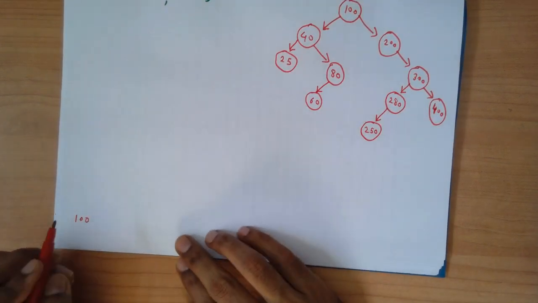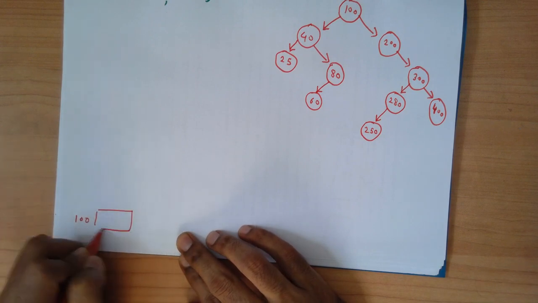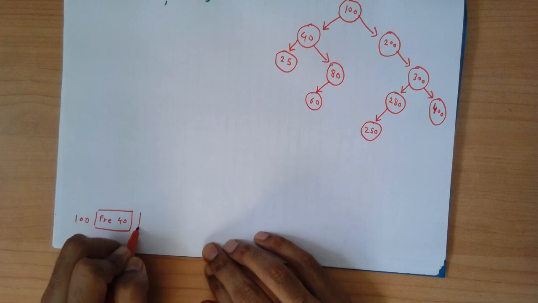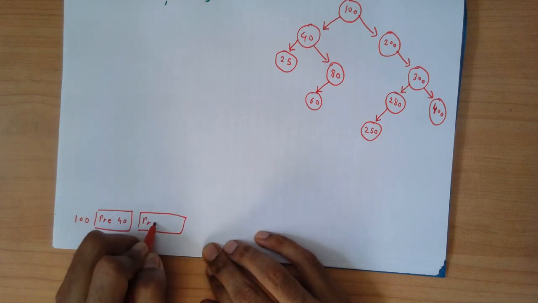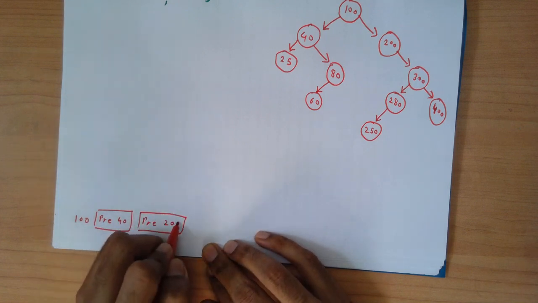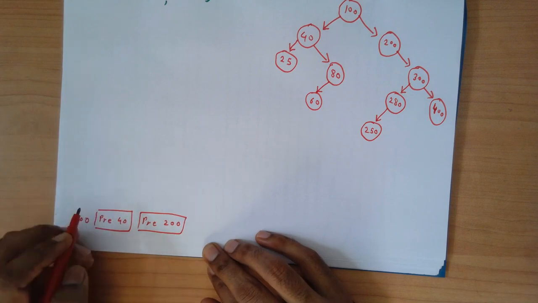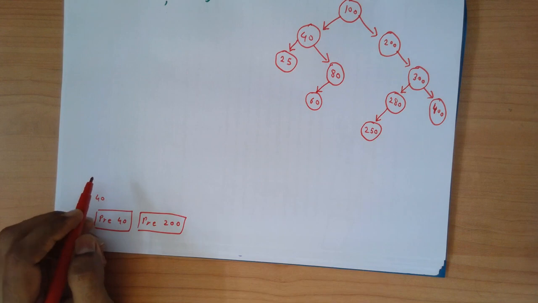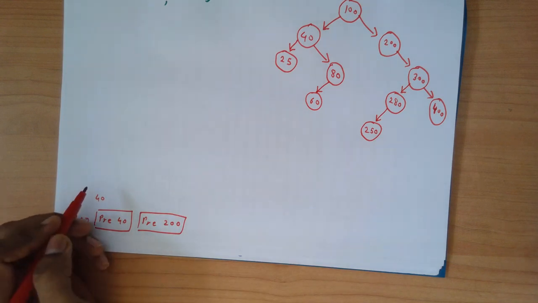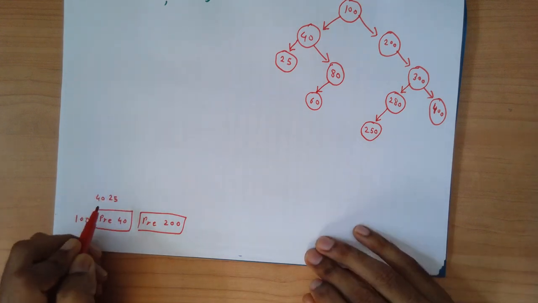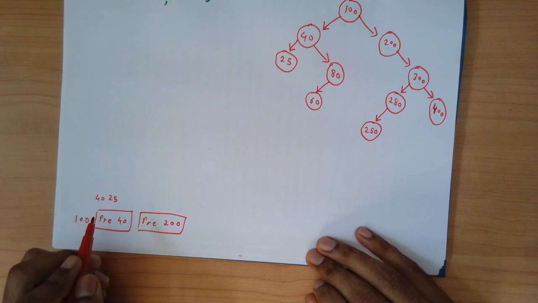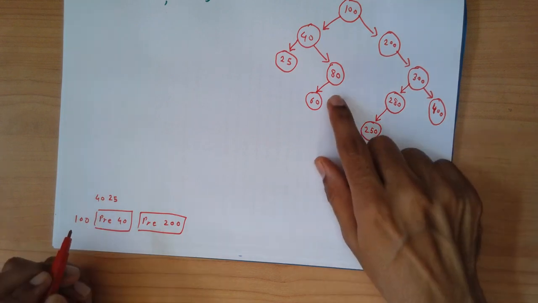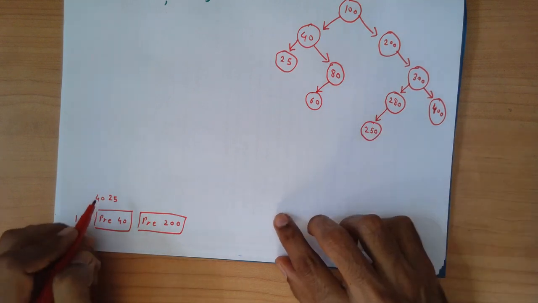It will be 100, and then the pre-order traversal of 40 followed by the pre-order traversal of 200. The pre-order traversal of 40 would be 40 followed by the pre-order traversal of 25, which will be 25 itself, followed by the pre-order traversal of 80. It will be 80 followed by 60.